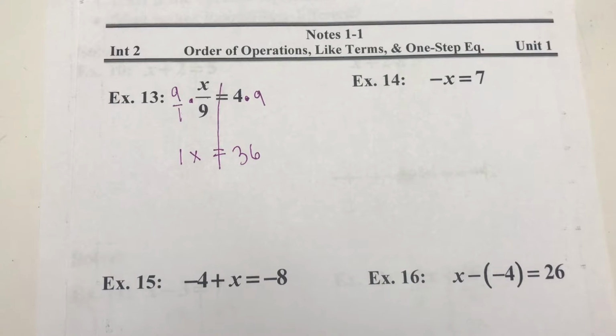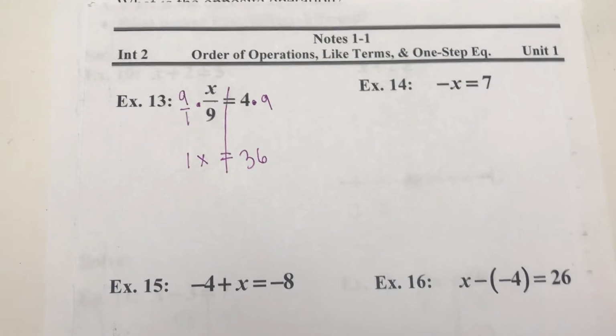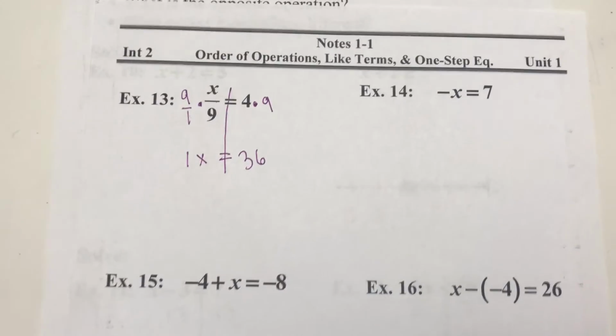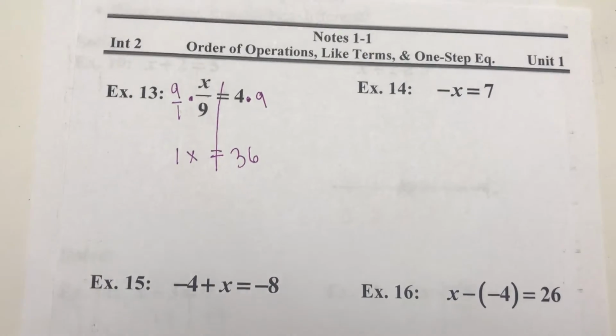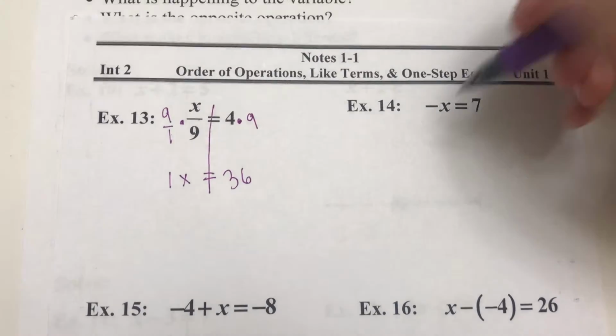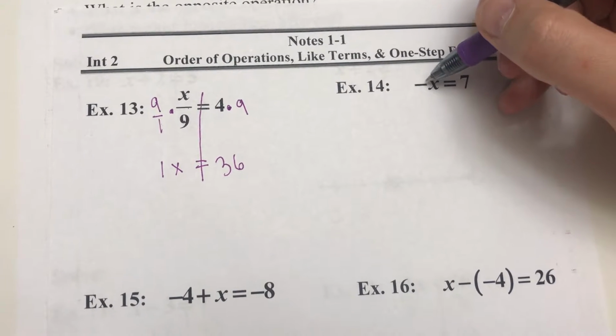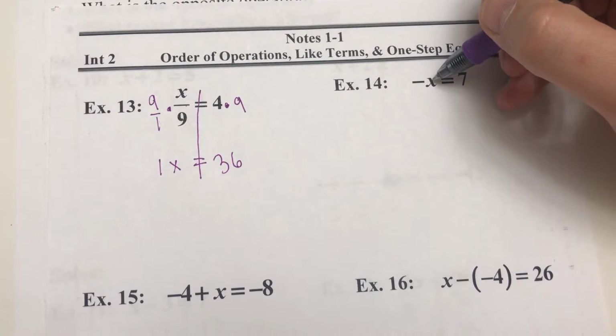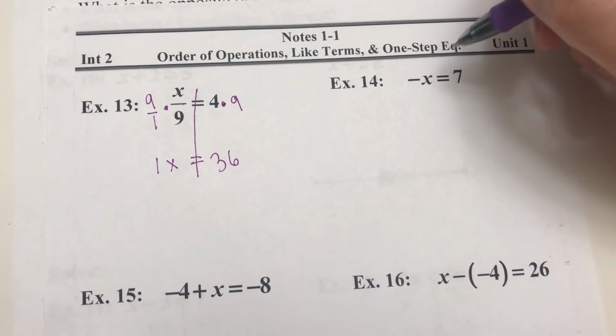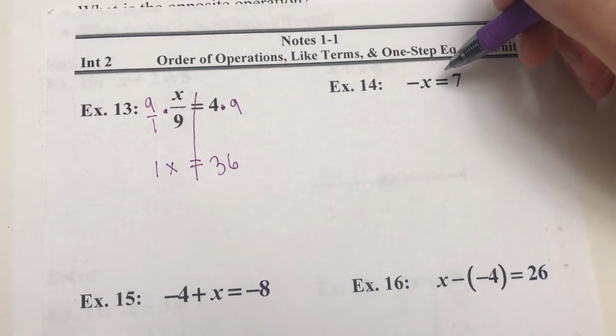Example 14. This one says negative x equals 7. One thing that we know, when you have this negative sign in front of an x, actually indicates that there is something else going on.